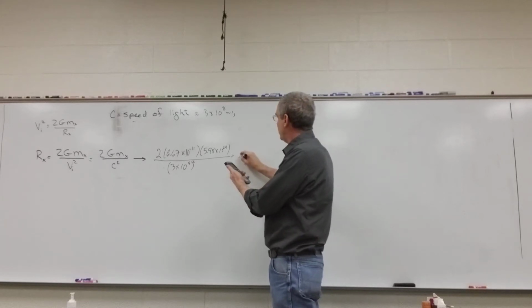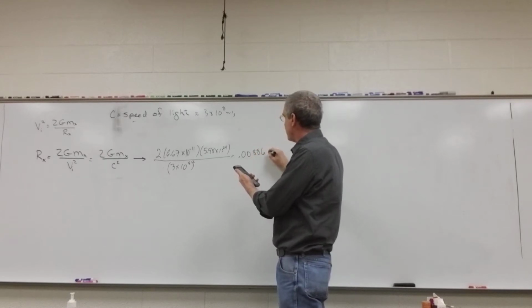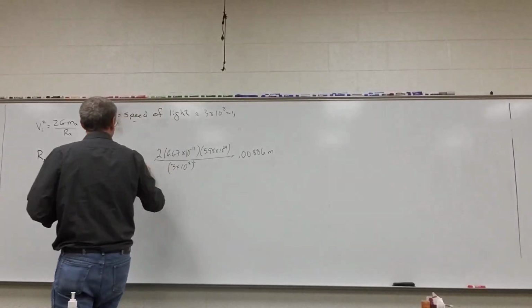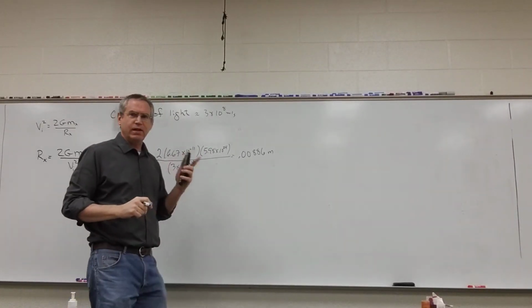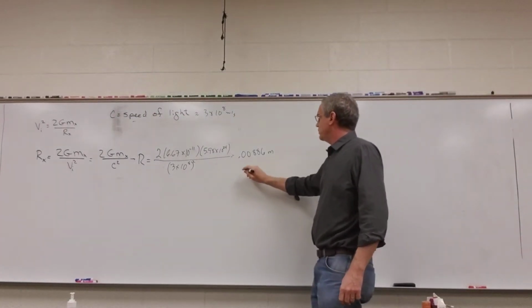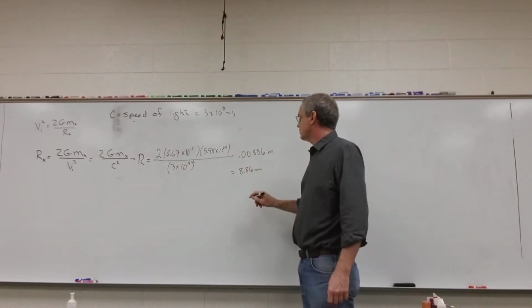And we get 0.00886 meters. This is the radius of the Earth in order to become a black hole. So that is 8.86 millimeters.